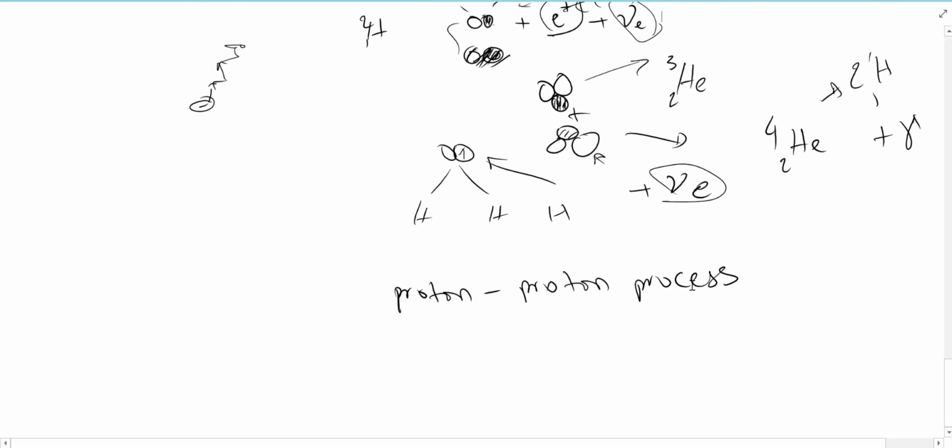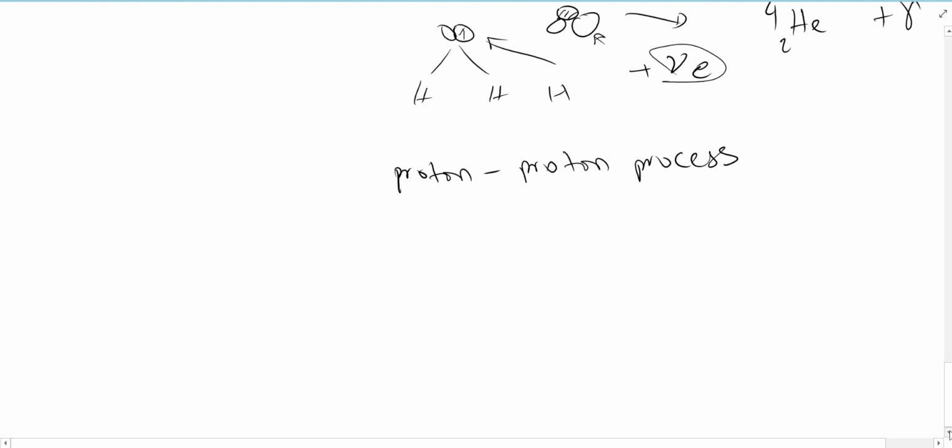So this is of type 1. There is type 2 also, a proton-proton chain, a proton-proton process through which the energy of the Sun is released.